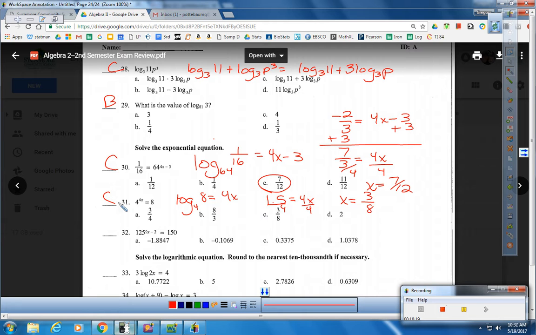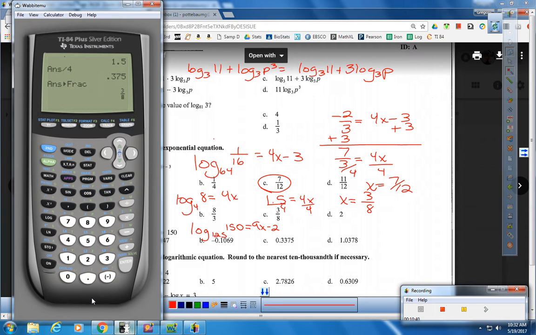Same thing for the last one. Log base 125 of 150 is equal to 9x minus 2. Now the bad thing about this one is it's going to be an ugly fraction. It's not going to be nice and neat like the last one. So the bad thing is it's an ugly decimal, I should say. It's not even a fraction.